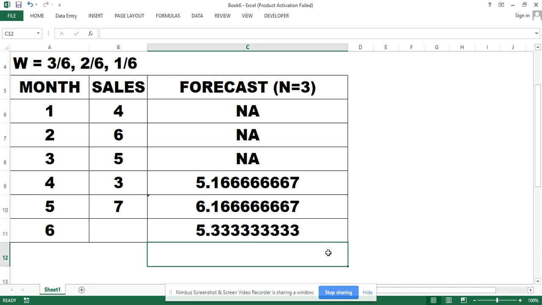So this is the answer we are getting. So this is the weighted forecast method, the weighted moving average method.